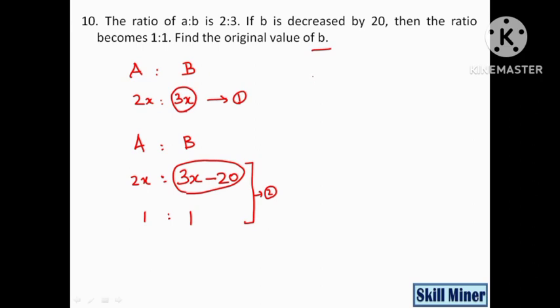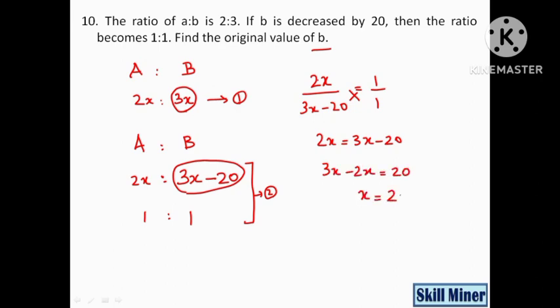Now we can write 2x divided by 3x minus 20 is equal to 1 by 1. I am cross multiplying this. 2x is equal to 3x minus 20. 3x minus 2x is equal to 20. So x will become 20. Okay, now I found the x value. The question is asking for the B value.